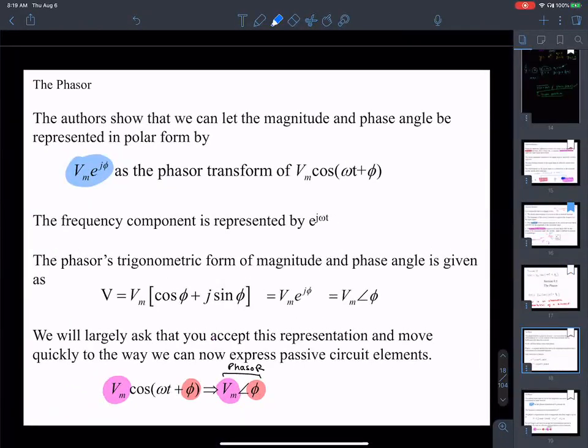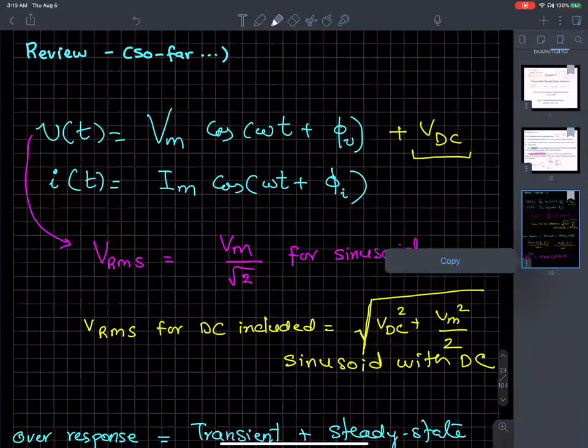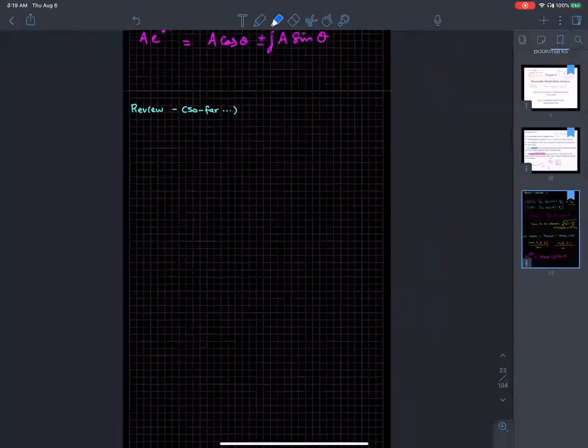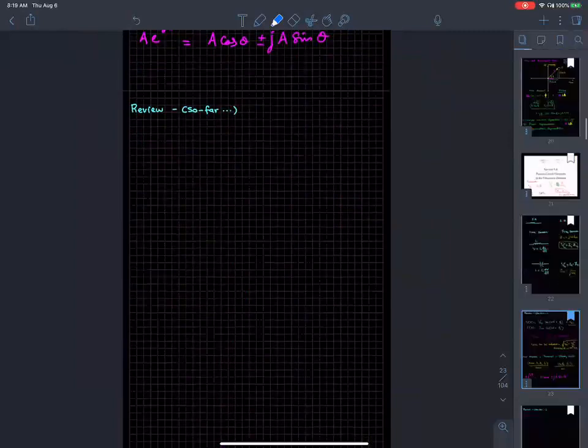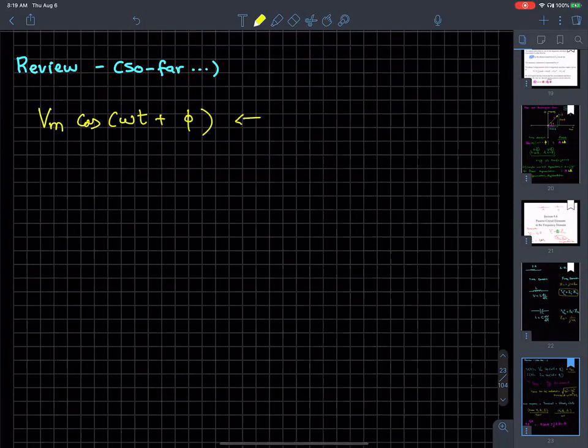If I have a cosine wave, Vm cos(omega t plus phi), the phasor transform of this is Vm e to the j phi. This is the phasor.